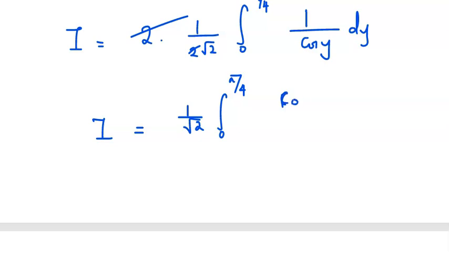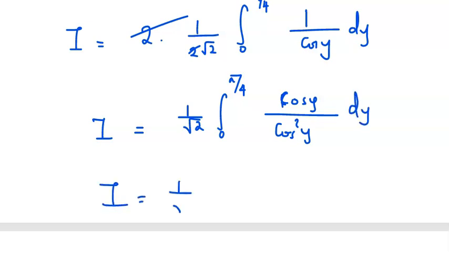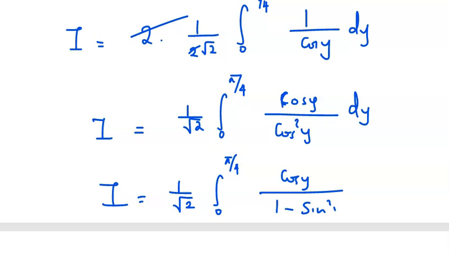So we get cosine of y divided by cosine squared of y, and then we have y dy. So I will be equal to 1 over root 2, the integral from 0 to pi by 4 of cosine of y, divided by cosine squared of y, which is 1 minus sine squared of y, and then we have our dy.